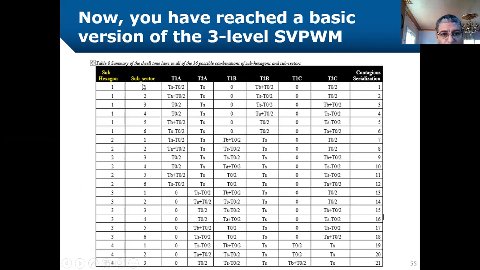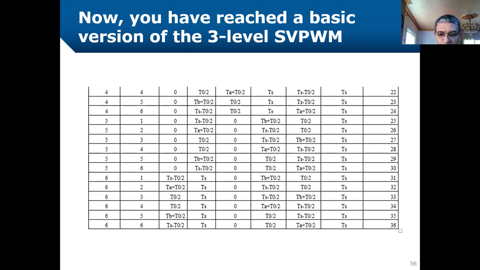These are the sub-hexa, this sub-sector, and these are the basic 6 switch times. Of course, we have 6 subsectors in 6 sub-hexa. This will give us 36 rows, 36 states. Okay, this is the last one, 36 states.